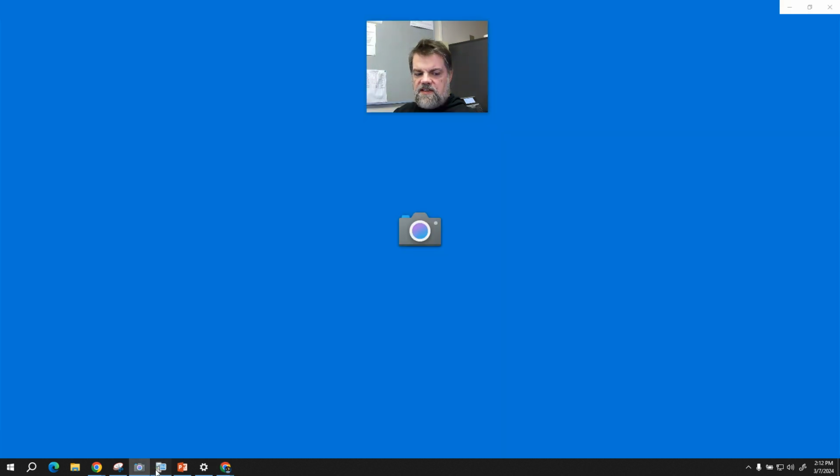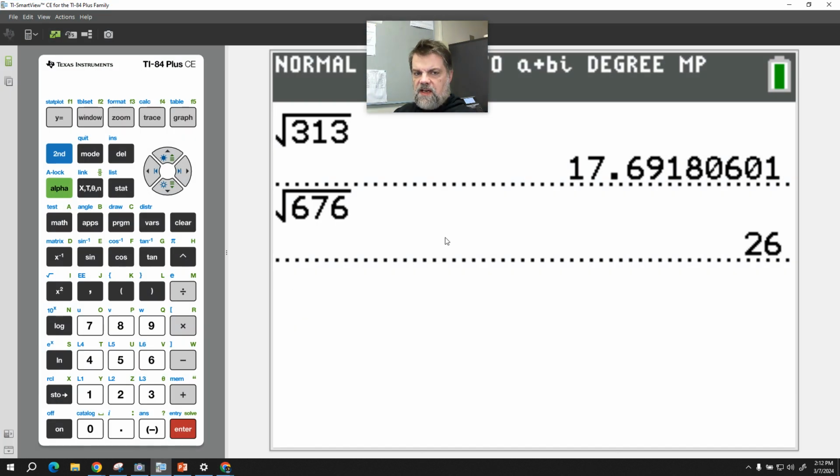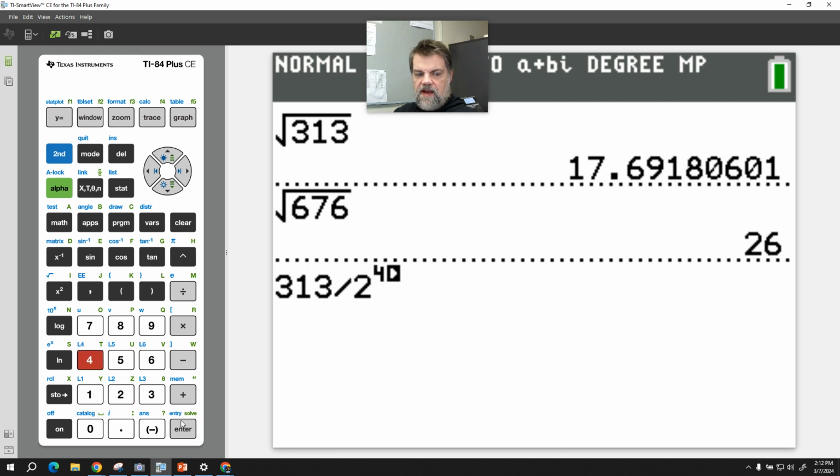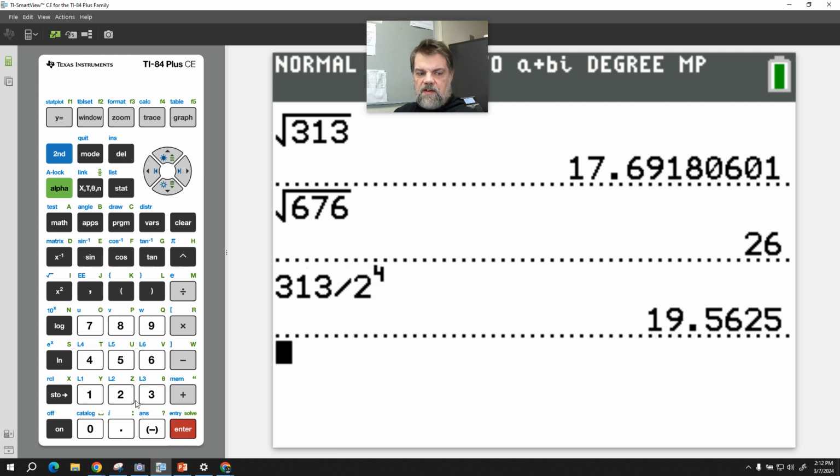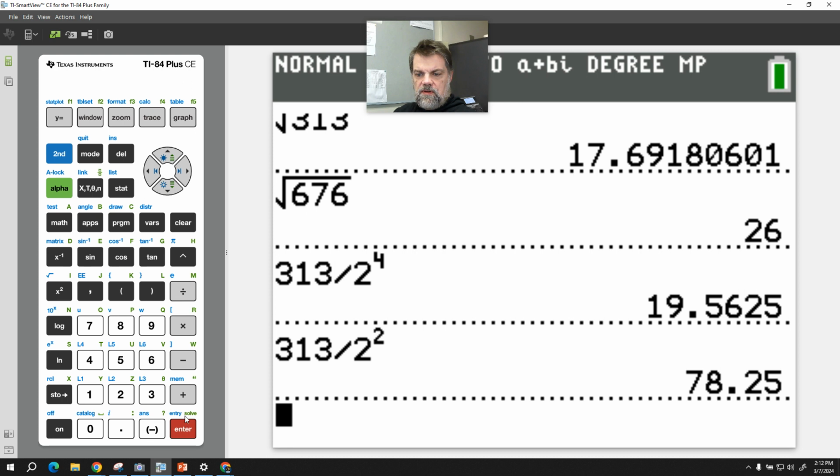Now this is a tedious process, but it's effective. So I say 313 divided by, what's 2 squared? 4, right? Oh, but I hit the wrong number. So we're going to say 313 divided by 2 raised to the 2.